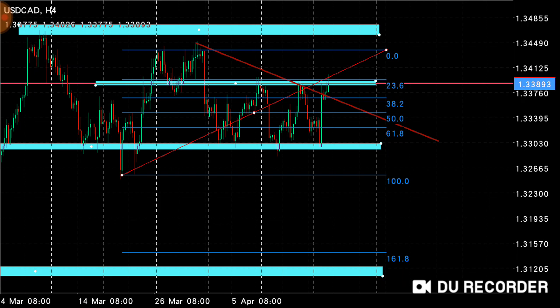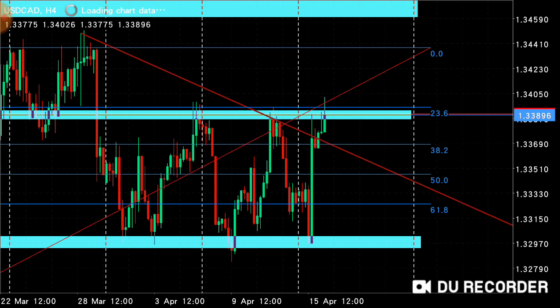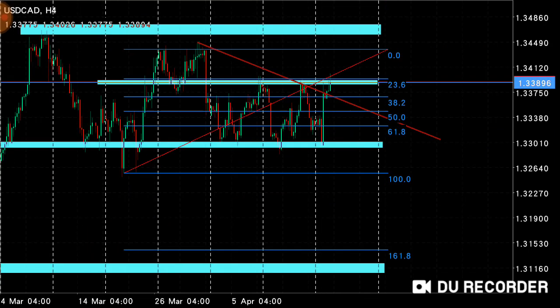So you can see nilichokuwa nawaambieni, price is facing rejection, ilishindwa kupanda, so it's creating a lot of wicks huku juu ile tail. Kwa hiyo kuna rejection kubwa sana, buyers are losing momentum, so sellers are trying to take control over the market sasa hivi.